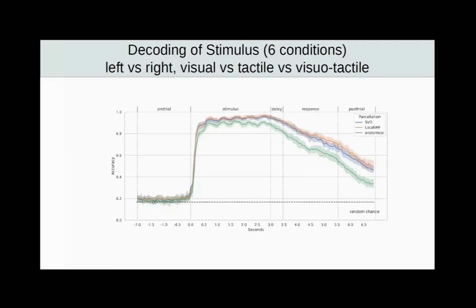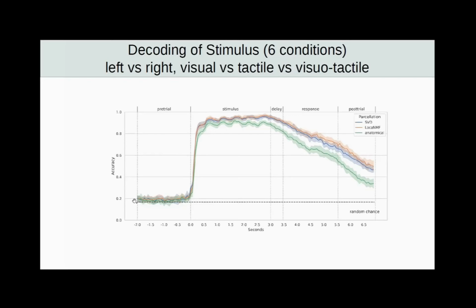So we first wanted to see whether we could decode, using these traces, the different stimulus conditions. So you've got left or right, and then either visual stimulation, tactile stimulation, or a combination of them. Right.